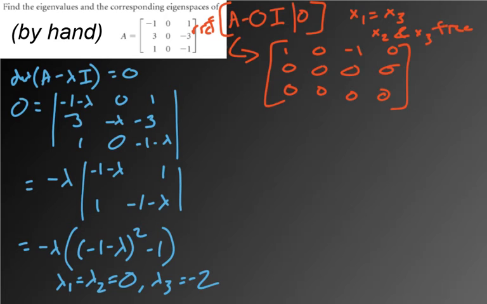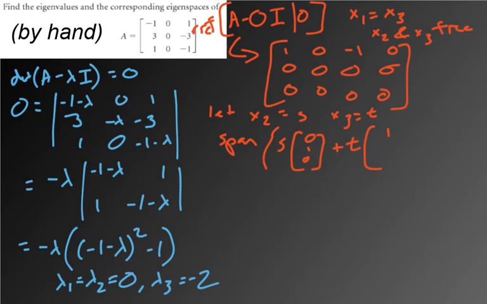So if we let x2 equal s and x3 equal t, then the eigenspace is the span of s times (0, 1, 0) plus t times (1, 0, 1).